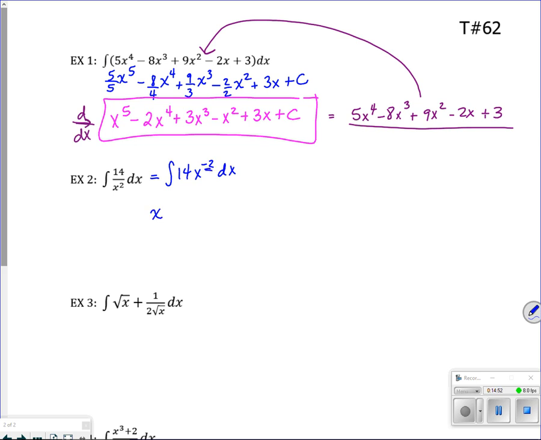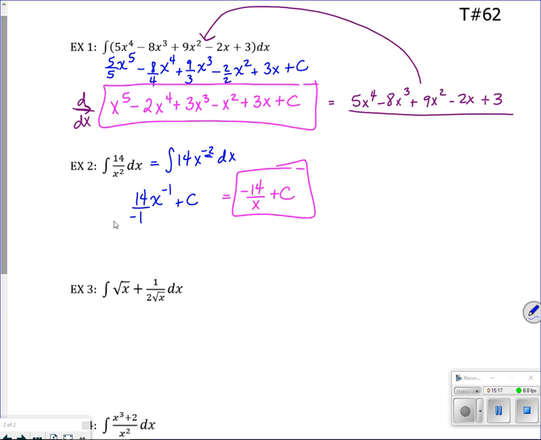So when you do negative 2 plus 1, that's negative 1. You divide by the new power plus c. And of course, you cannot leave negative exponents. So I'm going to rewrite that as negative 14 over x plus c. And that's going to be how I write my answer.